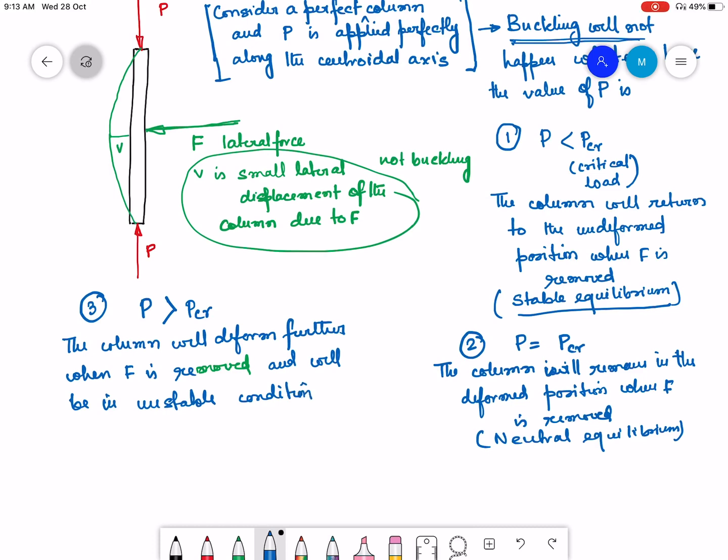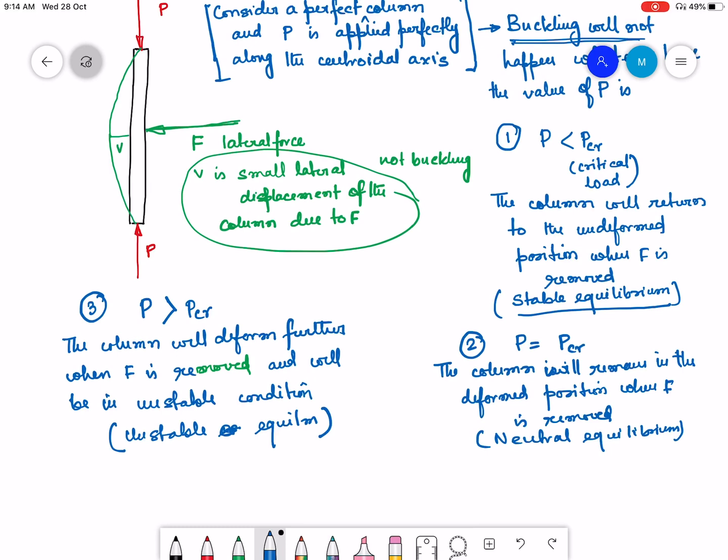Therefore this is called the unstable equilibrium condition. So this is what is going to happen at the different values of P.